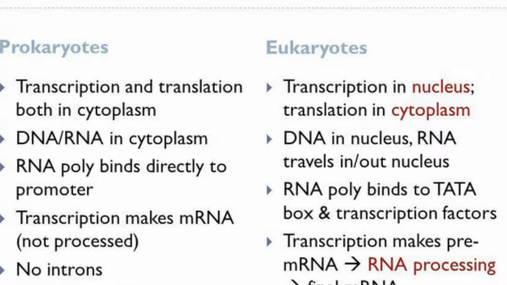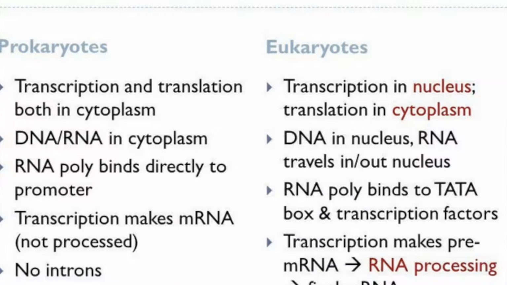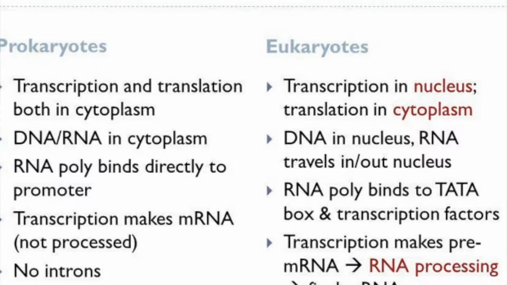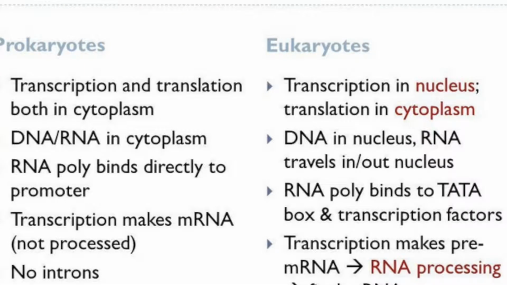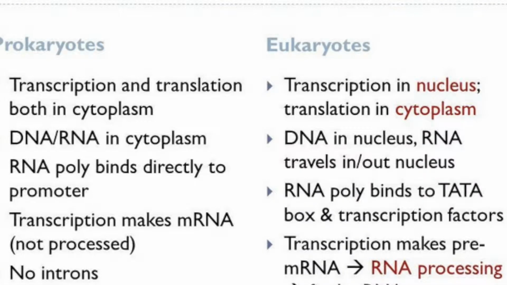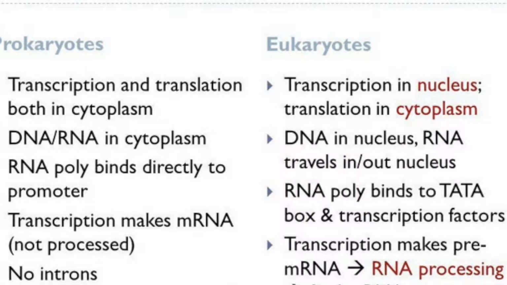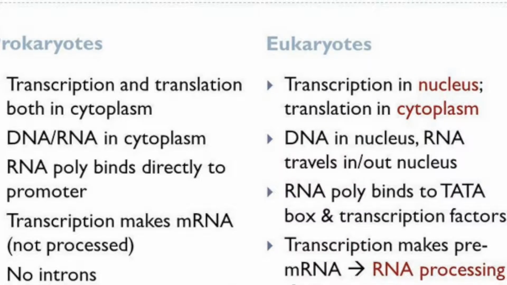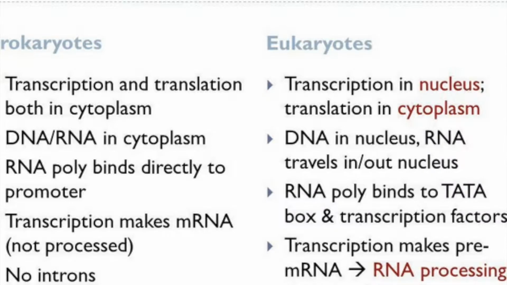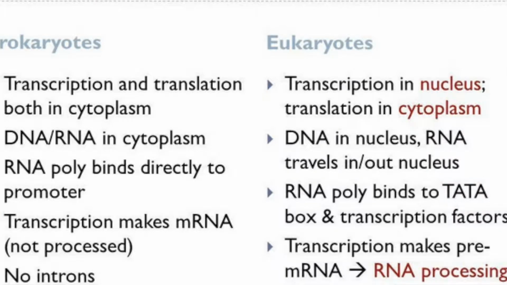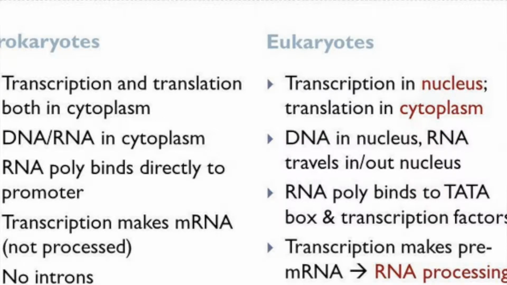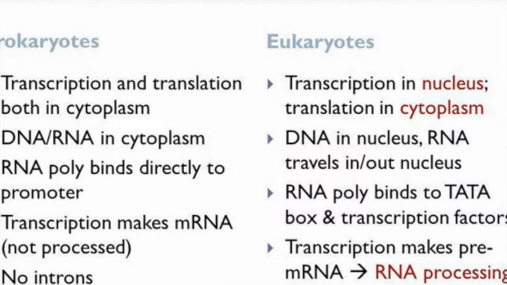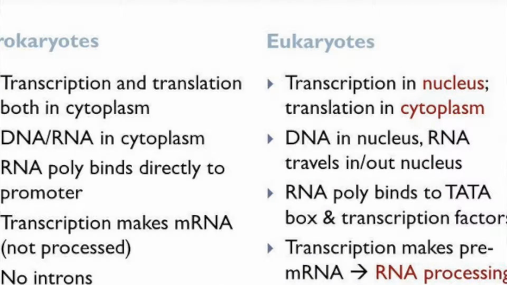Eukaryotic mRNA has these because it is transcribed in the nucleus and has to leave the nucleus and come to the cytoplasm to get translated into protein. In prokaryotes everything is done in the cytoplasm, so there is no need for a 5' methyl G-cap and poly A tail in the mRNA.